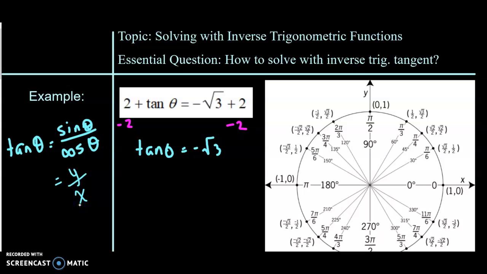That's what you have to do for tangent. So if I'm looking for when it's negative radical 3, I'm going to look at when sine is positive and cosine is negative, or the reverse. Sine negative, cosine positive. Okay? And then I divide and I have to get radical 3.